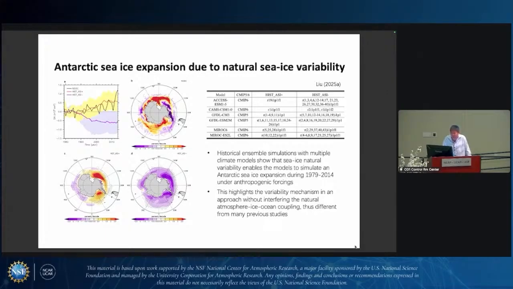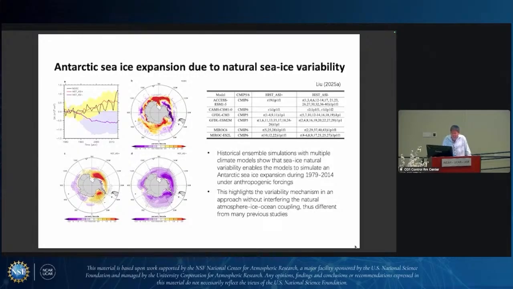So I list all these models in the table on the right, with the ensemble members showing the sea ice expansion, and also the other members showing significant sea ice decline. Panel A shows this result, and the black curve shows observation. On the other hand, the red curve shows the expansion group, and the purple curve shows the decline group ensemble mean, with shading for the intermember spread.